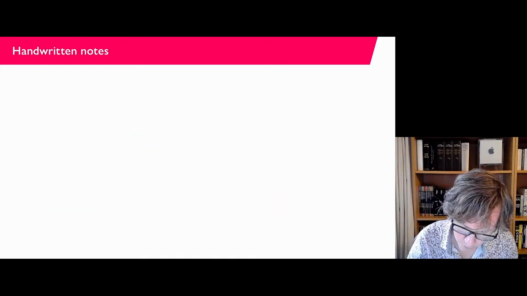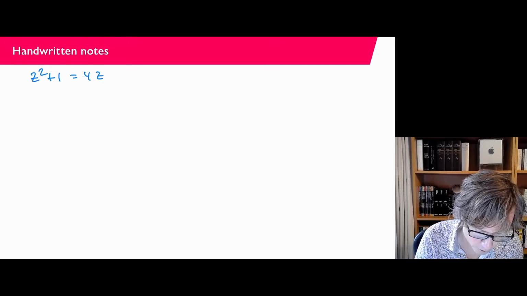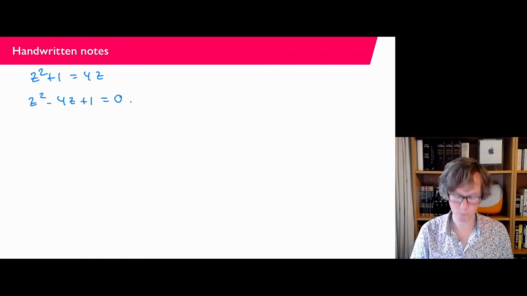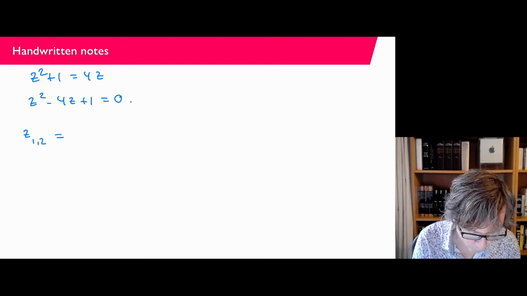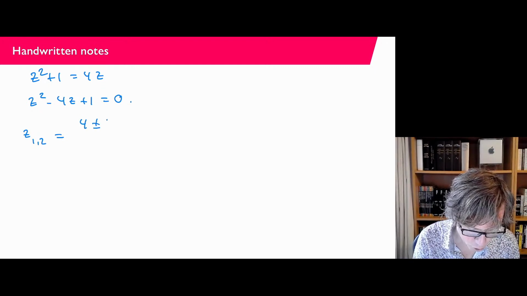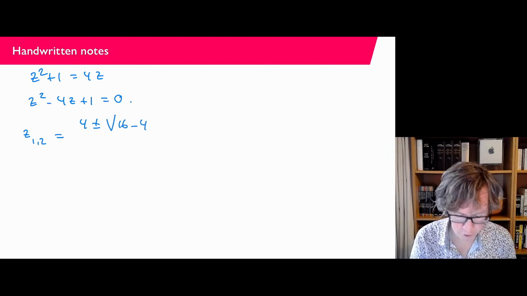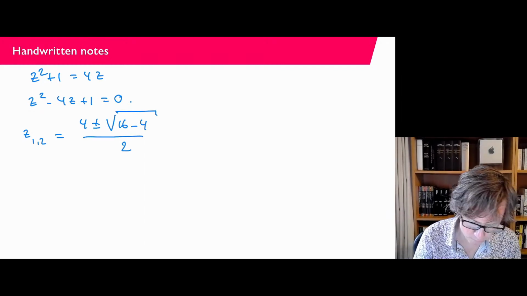So we have z squared plus 1 equals 4z. So z squared minus 4z plus 1 equals 0. I didn't prepare this question, so if I make any errors, please forgive me. So the solutions z1, 2 are, well, minus b, so that's going to be 4, plus or minus the square root of b squared, so it's going to be 16, minus 4 times a times c, so that's simply 4, divided by 2a, which is 2.